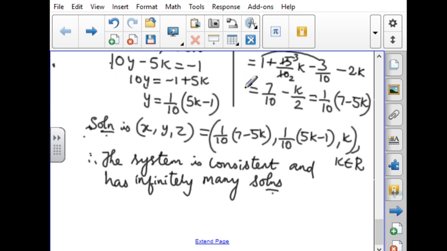And how many parameters have we applied? Only one parameter k. So this solution set has a one-parameter family of solutions.